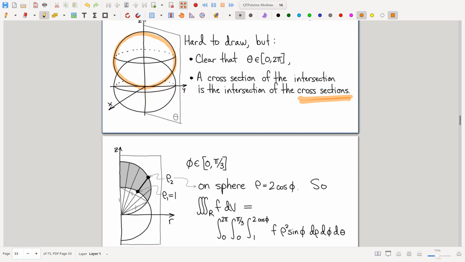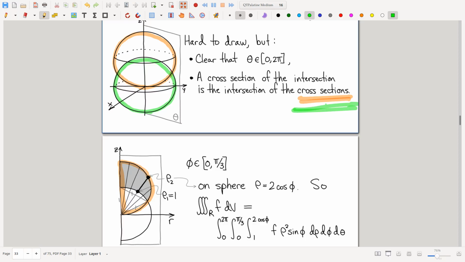If I take a theta slice of this, it's just a ball. Well, a theta slice of that is half a disc, as I've drawn there. And then likewise, if I look at this other ball, that bottom ball, its cross section is the same thing.